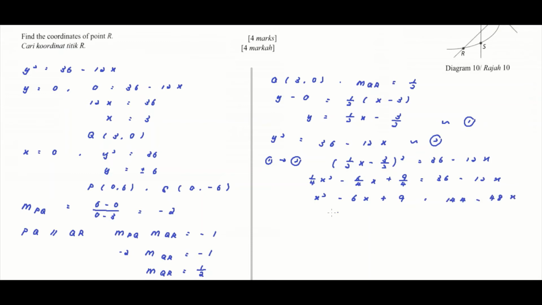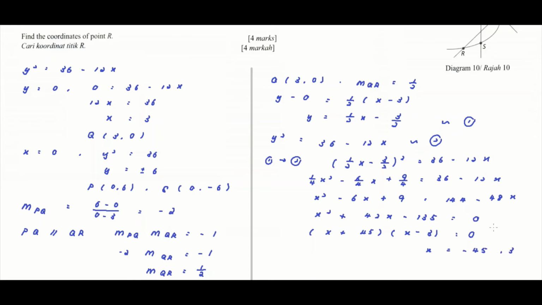This is a quadratic equation, so I'll be able to get x squared, and remember to write everything in general form: x squared plus 42x minus 135 equals 0. By doing factorization, we can solve (x plus 45)(x minus 3) equals 0, which gives me the answer x equals -45 and 3.